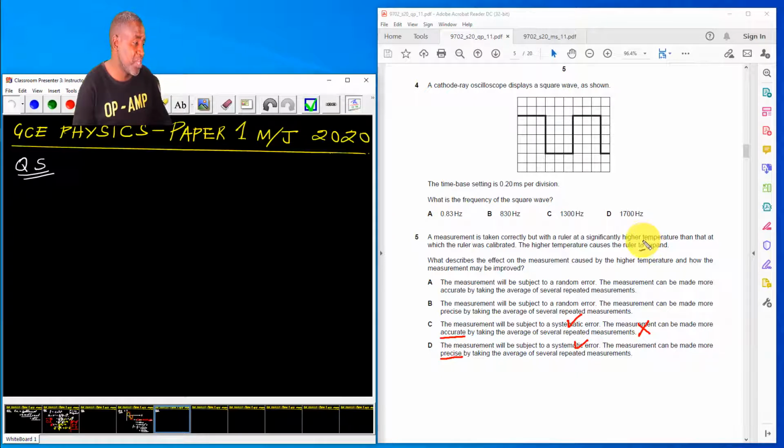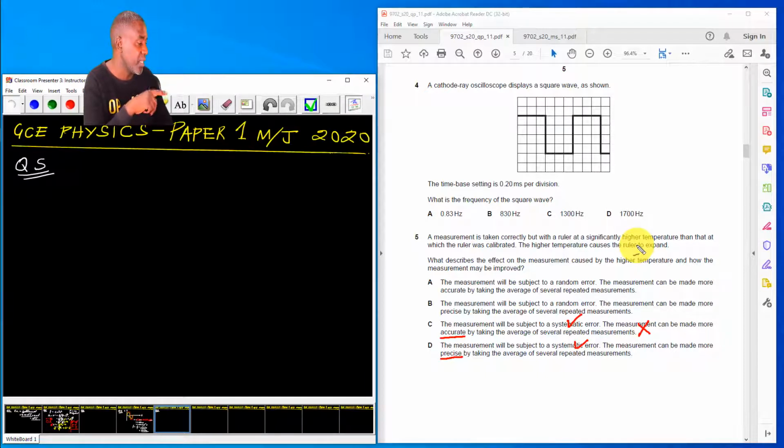But now it is being used at a temperature higher than that, and therefore it becomes longer. If it becomes longer, every measurement becomes slightly longer. That introduces an error into the measurement. That kind of error can only be solved by removing that which is introducing the error, and that is temperature. Lowering the temperature so that the meter rule can contract.